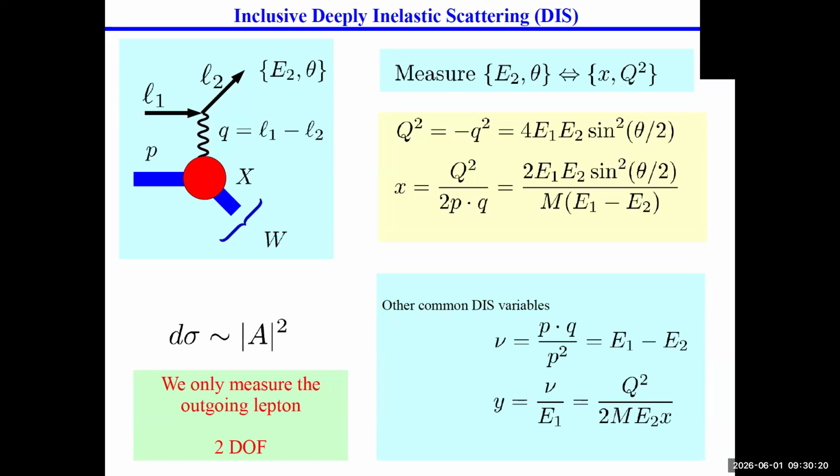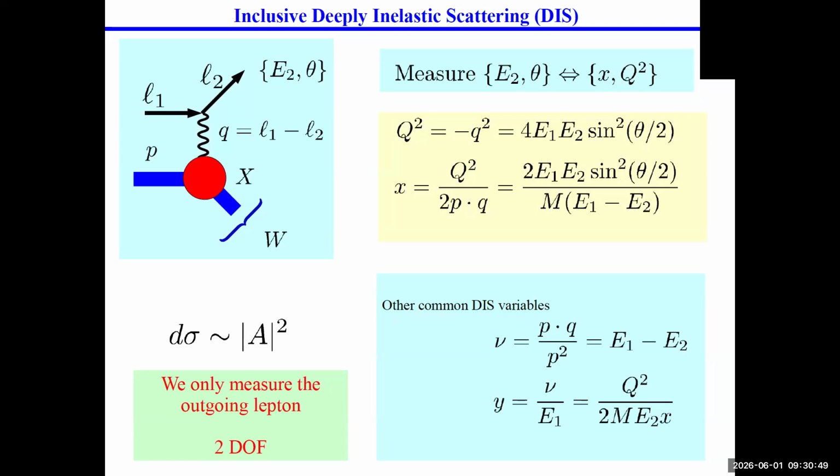And so I've got 2 degrees of freedom. I've got the energy and the angle of the outgoing lepton, and I can turn those 2 variables into x and Q. Q is basically the energy of the photon that's being exchanged there. And x, we'll see in a moment, is the Bjorken x, which we're going to relate to the parton momentum of the quarks inside there.